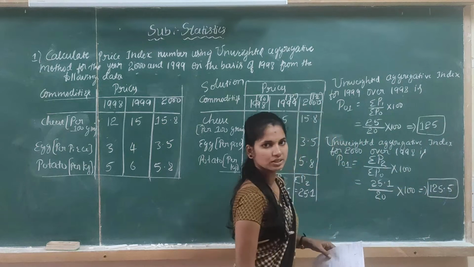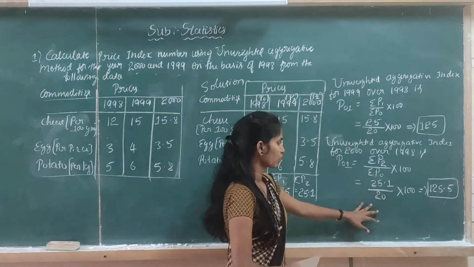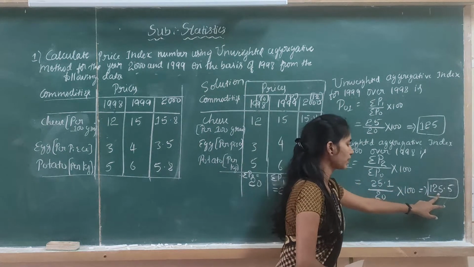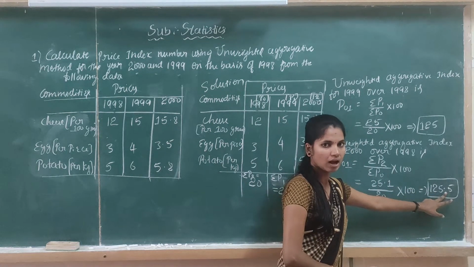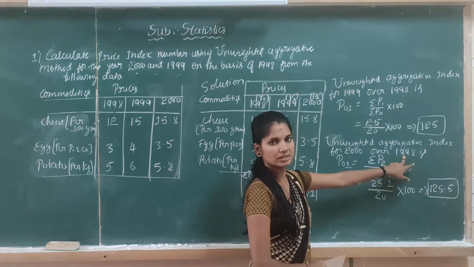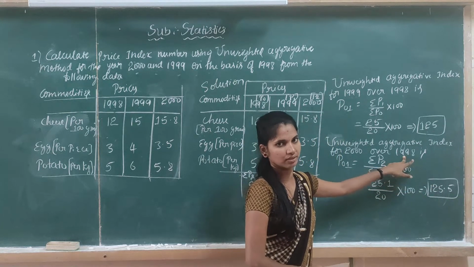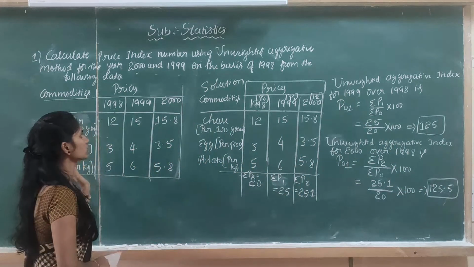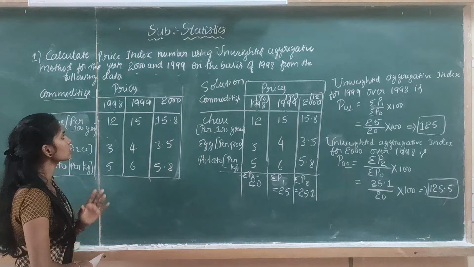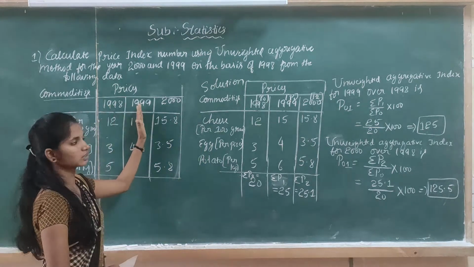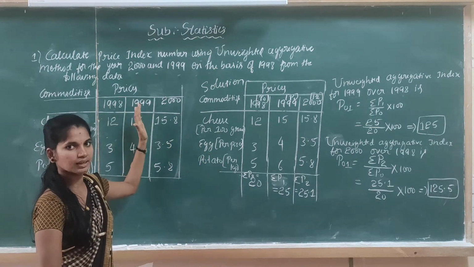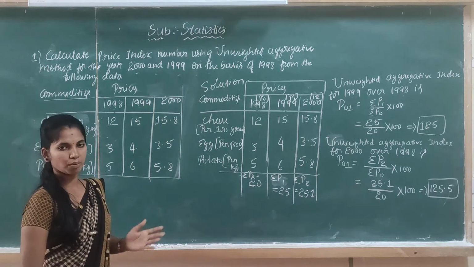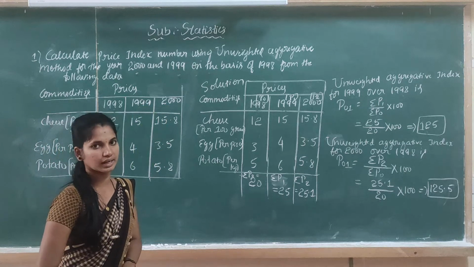The conclusion is that the prices for 2000 increased by 25.5% as compared to the base year 1998. In the first problem they gave only two years, 2010 and 2012. In this problem there are 3 years, 1998, 1999 and 2000. This problem is related to the simple aggregative method.